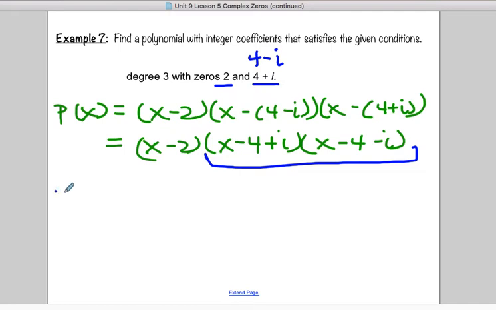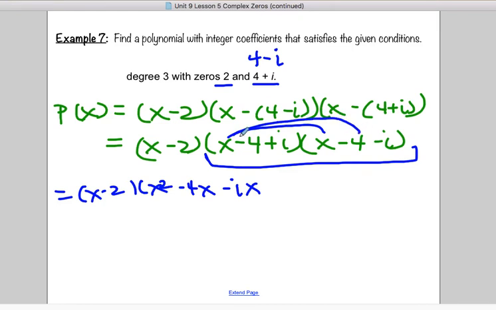and multiply all that out. I'm going to go way over here, though. So we got x minus 2. We will have x squared minus 4x minus ix. That's by distributing my x. Now I'm going to distribute a negative 4. So I have minus 4x plus 16 plus 4i.